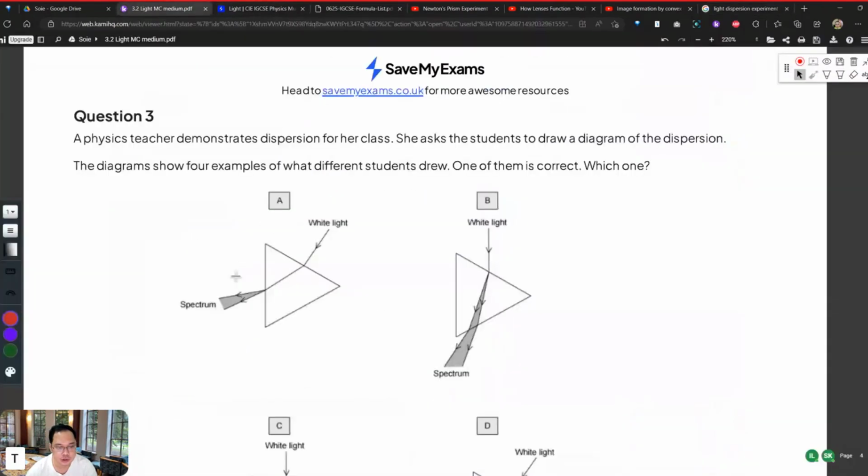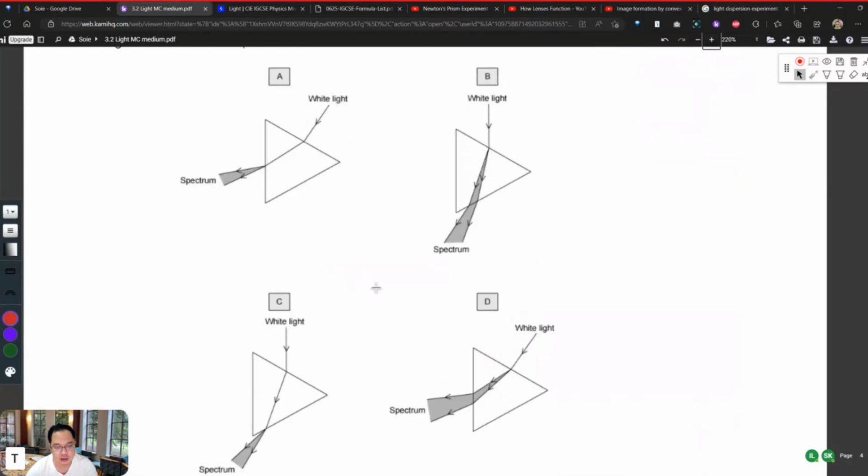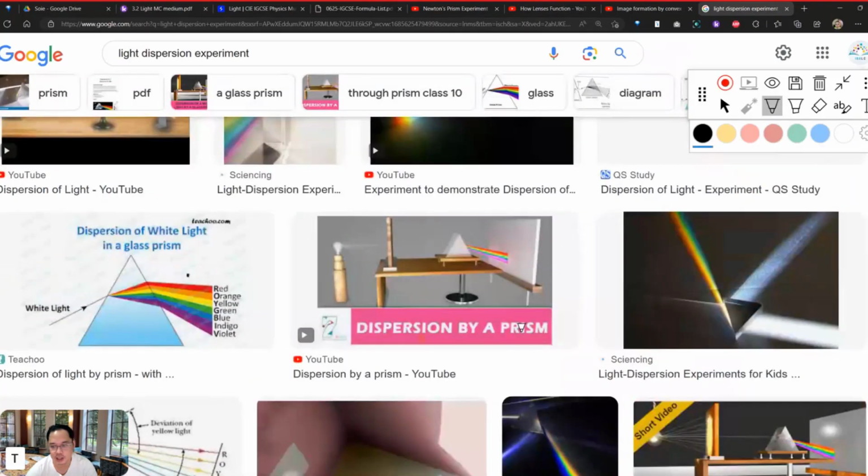So the answer to this question: one of them is correct among the 4 students. Okay, observe these diagrams carefully and tell me which one is correct. Compared to the diagram that you've seen, for example, this one.